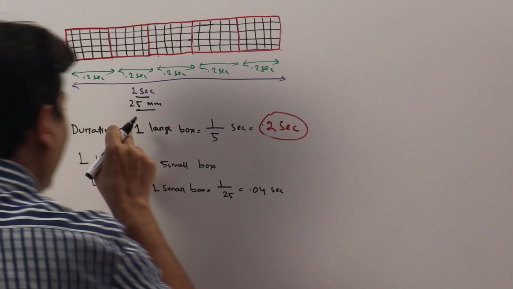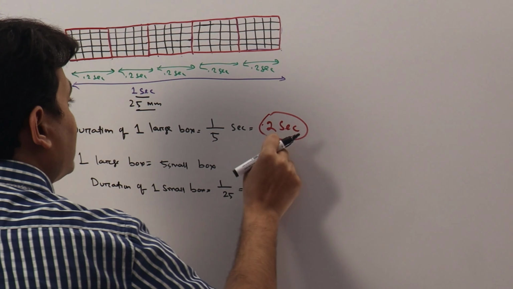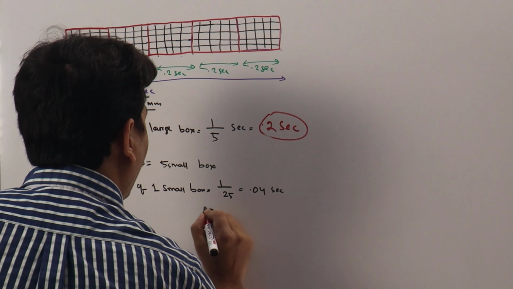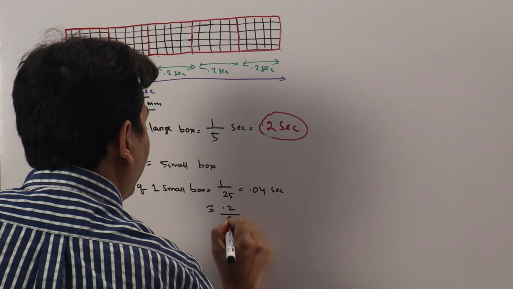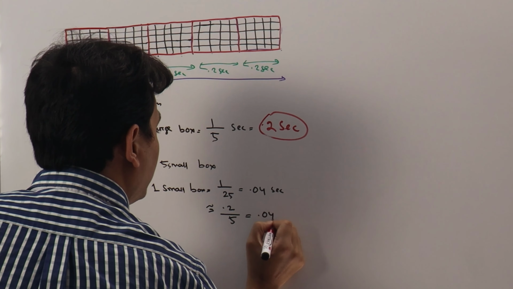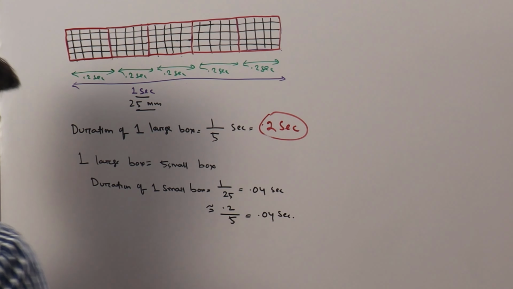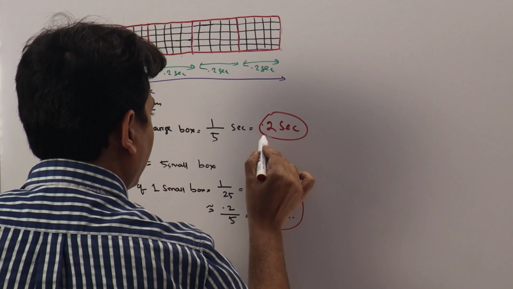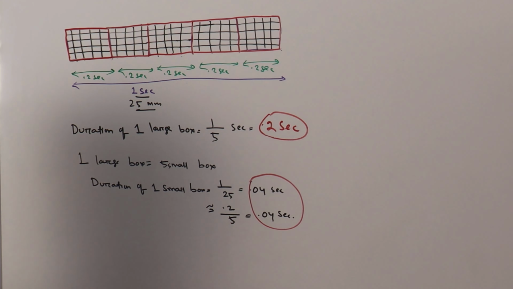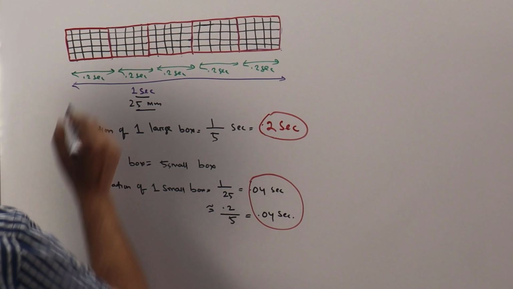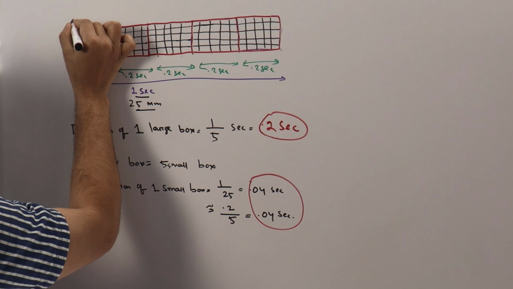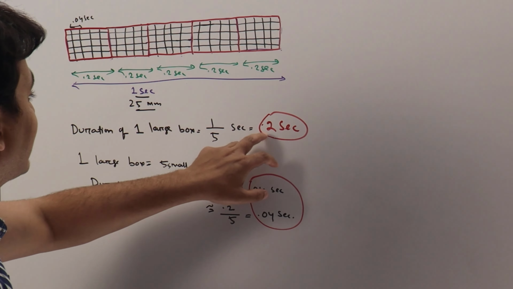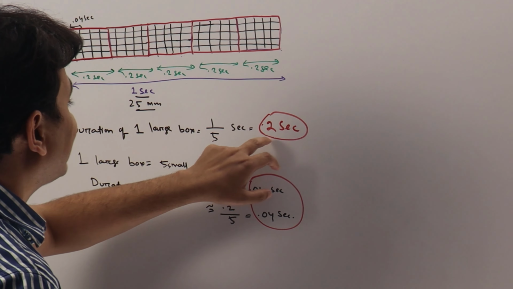Since 1 large box is 0.2 seconds and comprises 5 small boxes, each small box is 0.04 second. These values will be important when we discuss different intervals and segments.